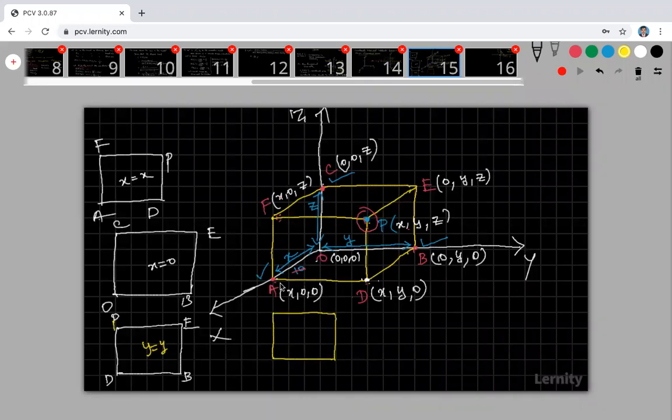And I'm going to take it as OAFC. Okay, see that your y is equal to 0 only. 0, 0, 0, 0. Are you okay, students? And here I'm going to take it as this OADB.